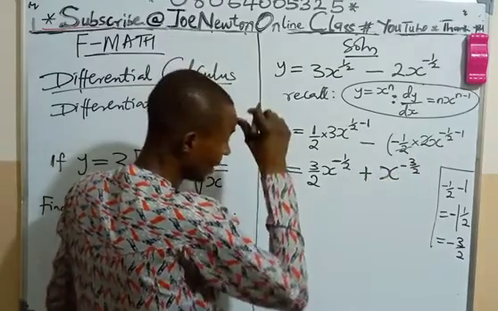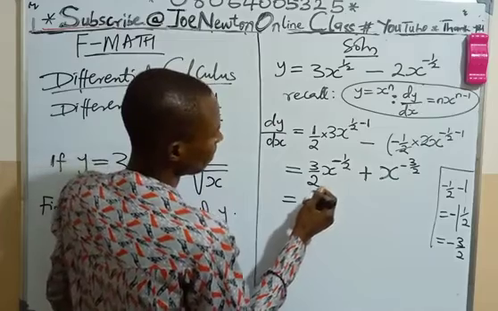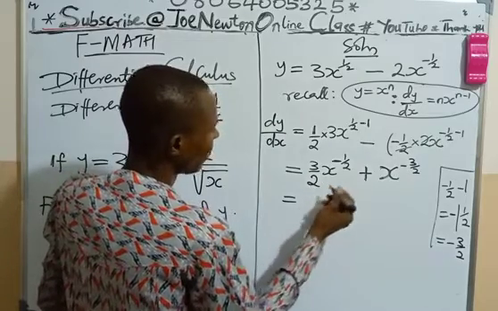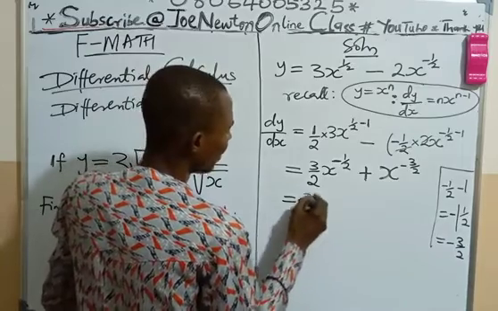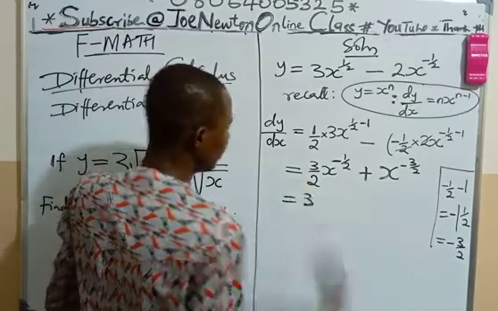So we continue further. That will give us, in other words, it implies 3 over 2.